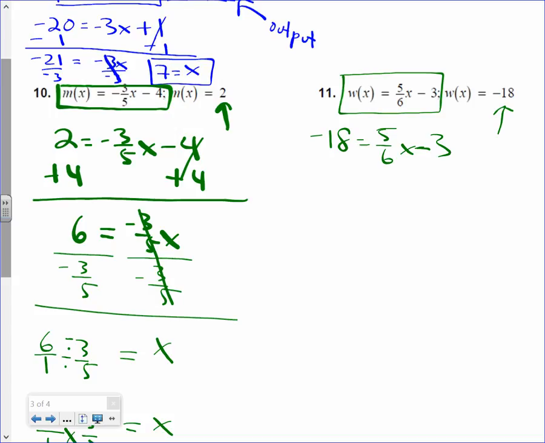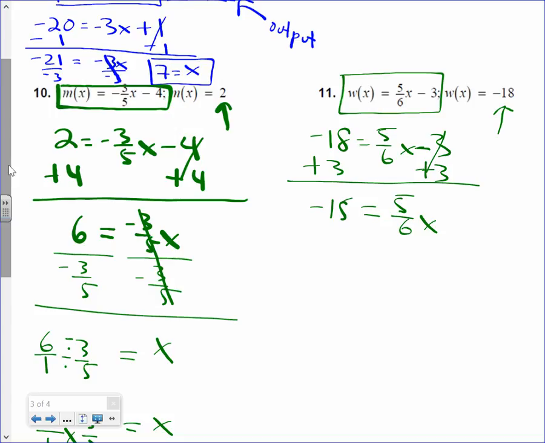Let's get x alone. I'll add 3 to both sides. So I got 5/6 x equaling negative 15, because you take the sign of the bigger number. In this case, it's negative. Nice, nice, nice.